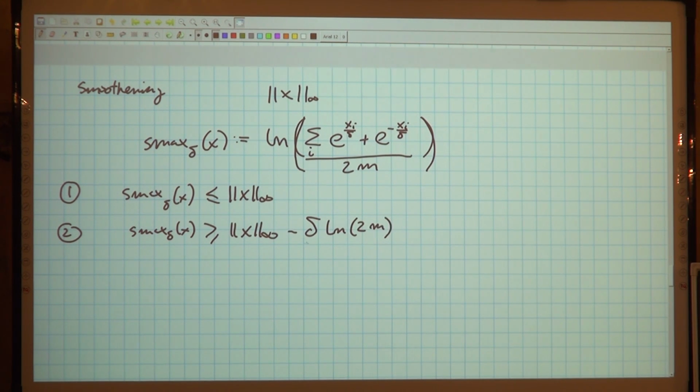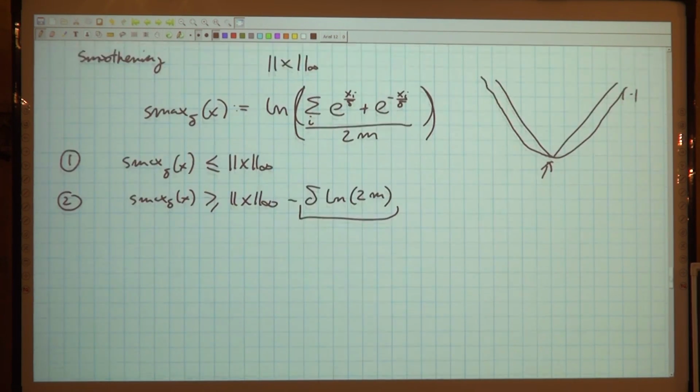So modulo this additive factor that depends on delta, it very nicely tracks the L infinity norm. The picture is, in one dimension, if this is my absolute value function, then it's something that looks like this, smoothing this sharp edge and making it much nicer.